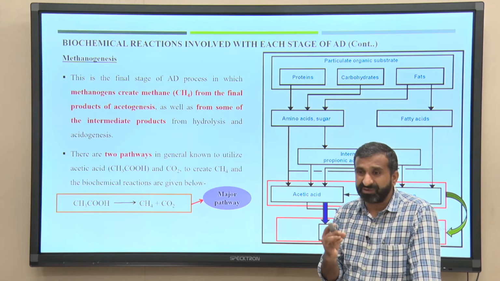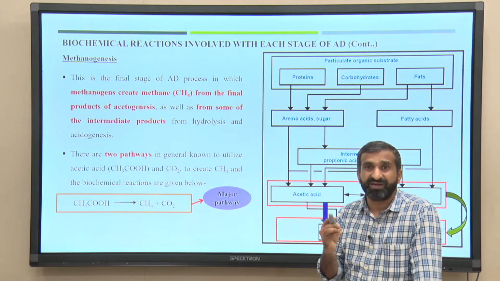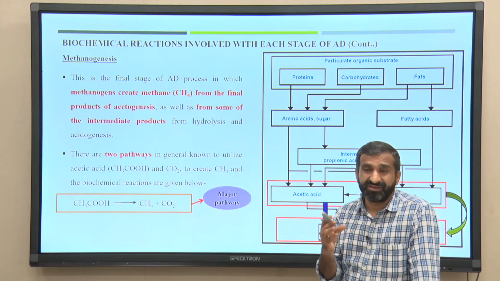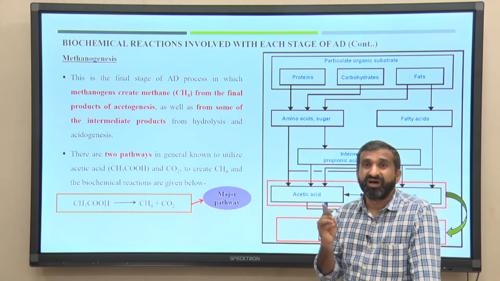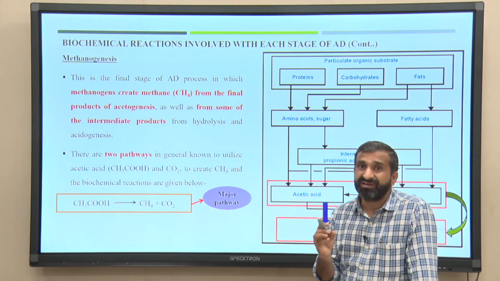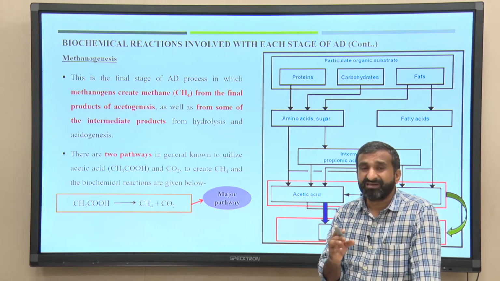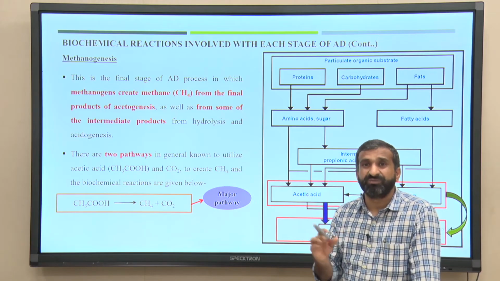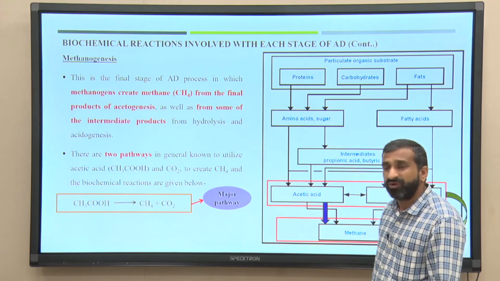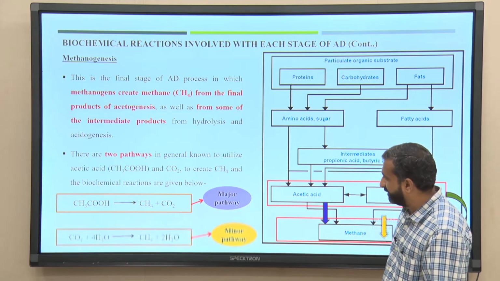So, this buffering could be possible if some kind of alkalinity is generated in the reactor, that is highly beneficial, or some amount of ammonia production could also be highly favorable in the reactor, so that neutral pH can be maintained for the growth of methane forming bacteria or methanogenic bacteria.